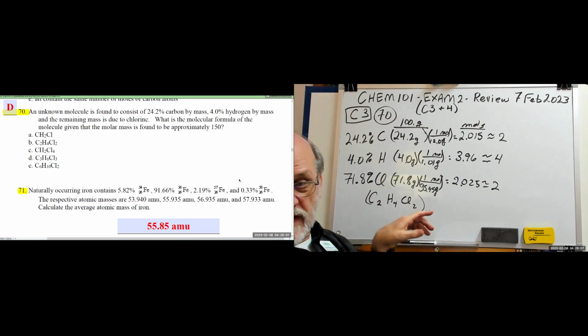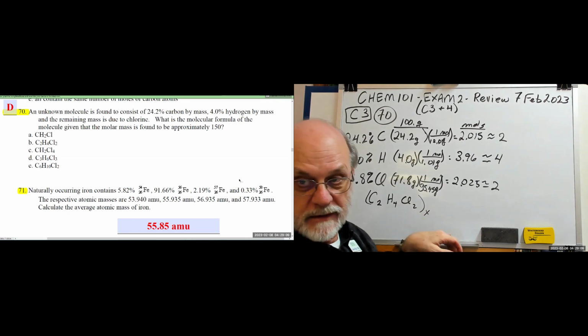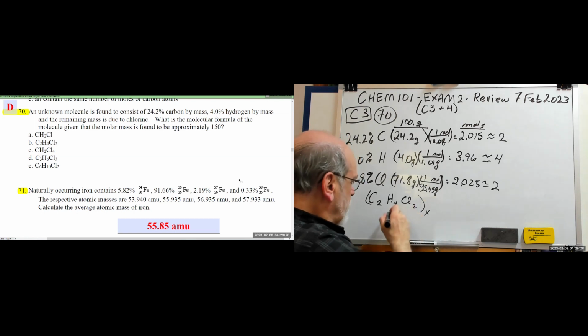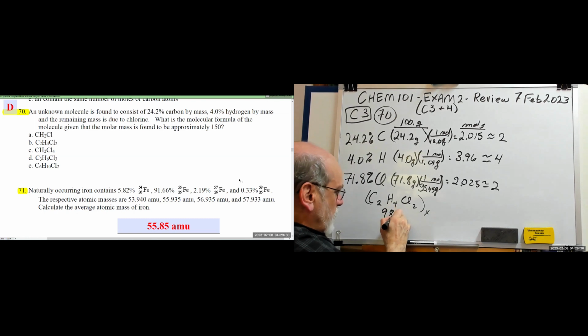All right. Now, remember what we're looking for. Since this is the empirical formula, we're looking for the multiplier. So in order to do that, we've got to find out what is the empirical weight. So we need 2 carbons, 12.01 times 2, 4.04 for the hydrogens, and 35.45 times 2, and that is 98.96 grams per mole of formula unit.